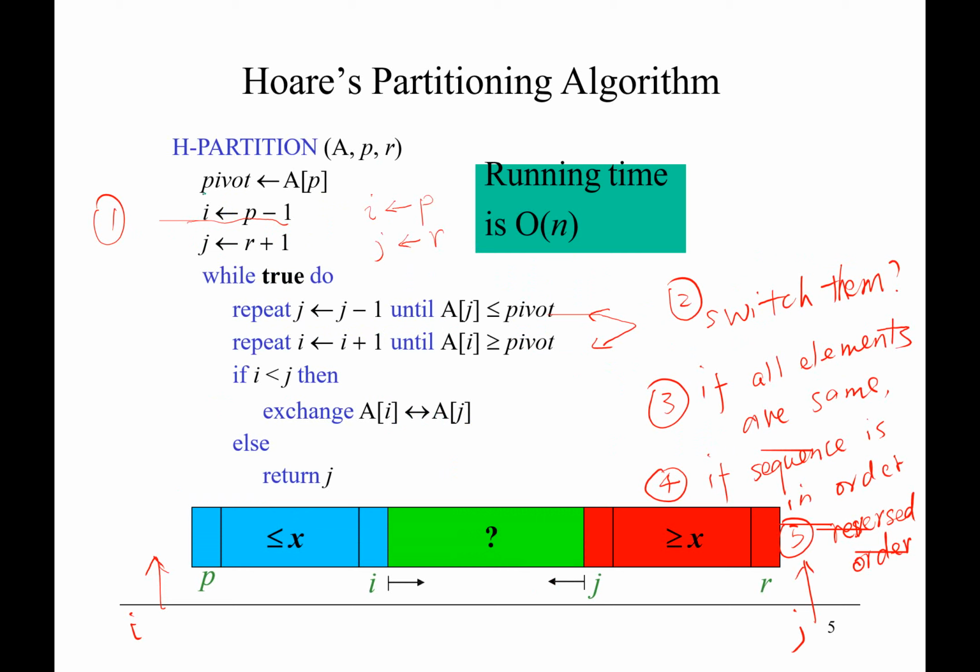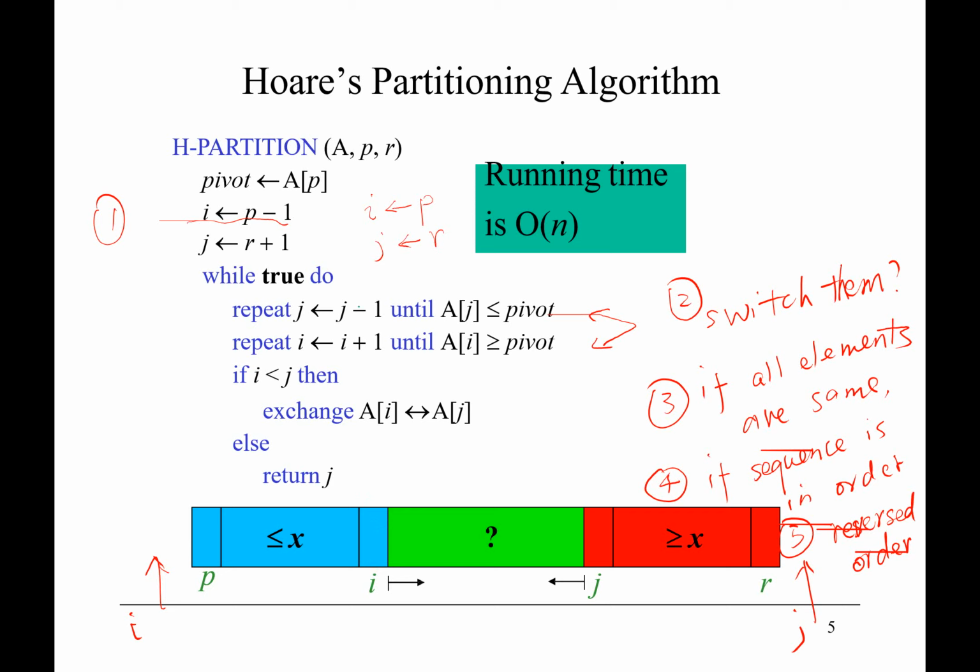We initialize I before the P and J after the R, and in this loop, in each iteration, we grow this region from P through I, and here the element at position I cannot belong to the left part, right?